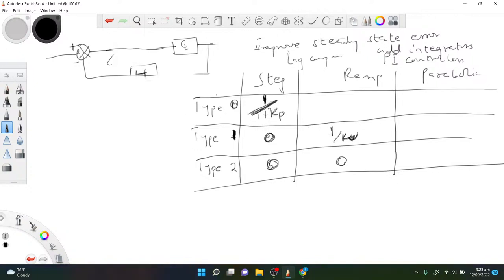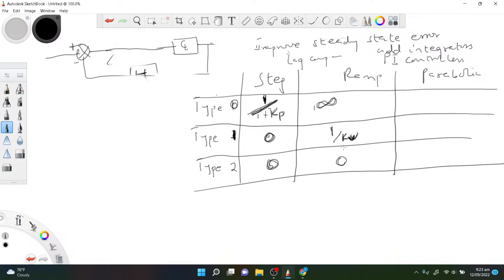Now for type 0, you see type 1 is giving you finite. So anything before finite is what? Infinite. This is finite. Before finite, you are at infinite. Infinite is the word. Okay.